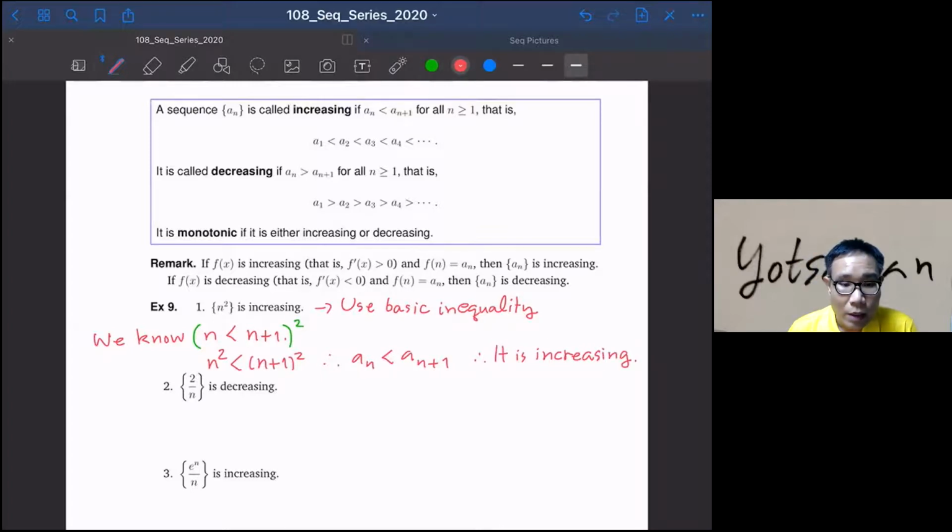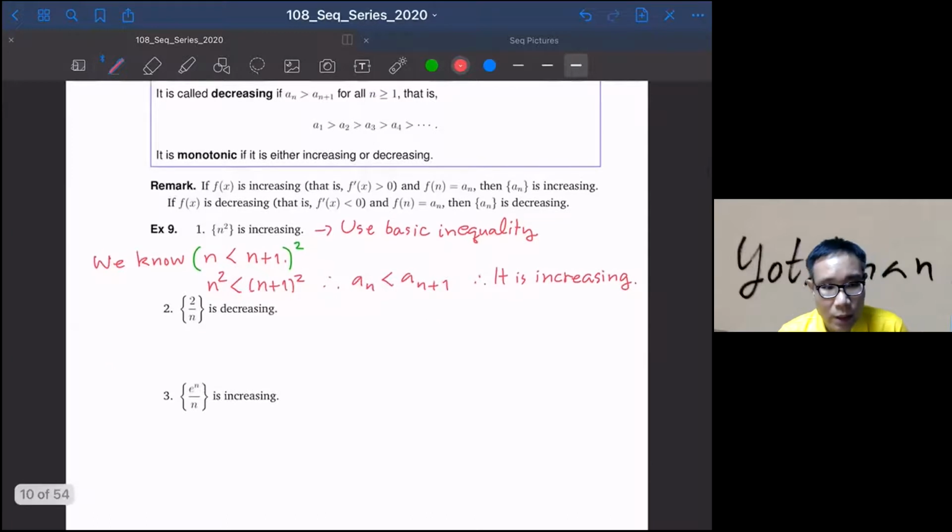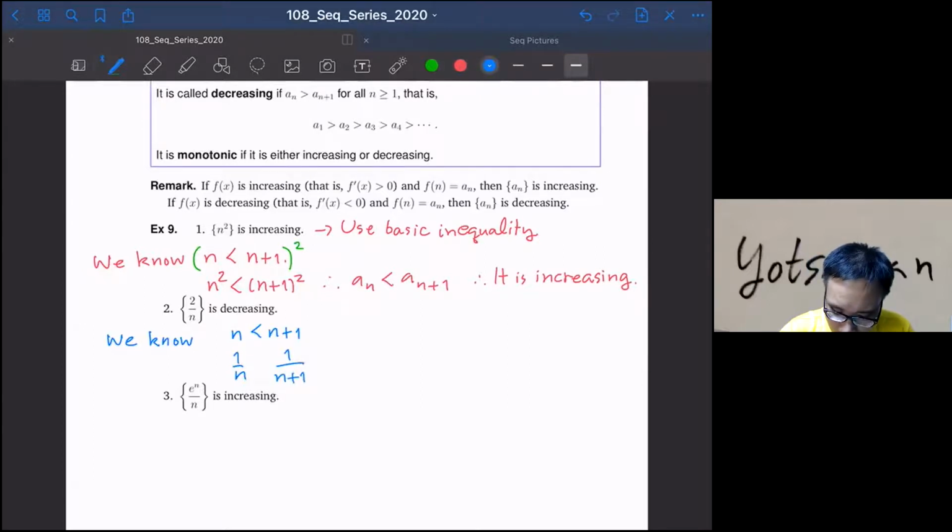The next one is 2 over n, and it's the same thing. We know n is smaller than n plus 1, and when you flip it, the inequality becomes more than. So 1 over n, the reciprocal, is more than 1 over n plus 1.